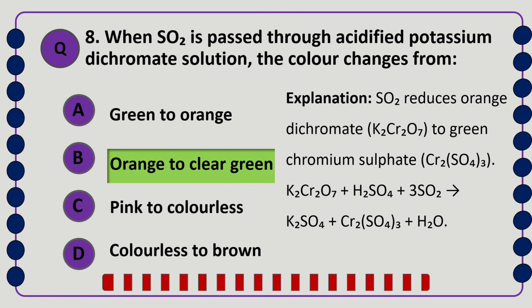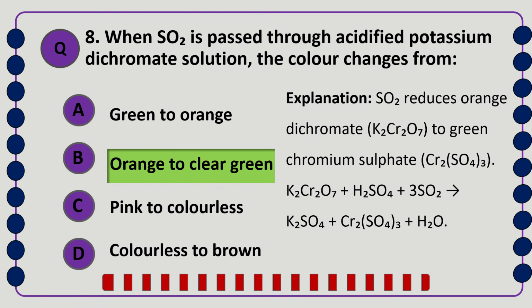Orange to clear green. Okay, students, orange is the original color. When it reacts with sulfur dioxide, it will form green color and that is clear green. Got it? So sulfur dioxide reduces orange potassium dichromate to green, and that green color is because of whom?